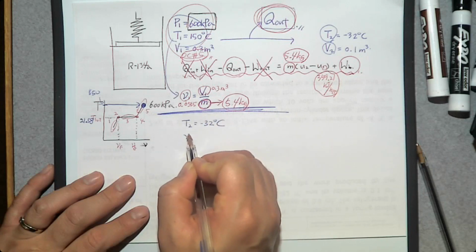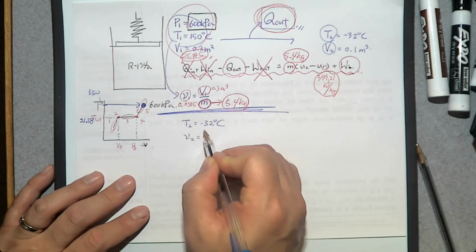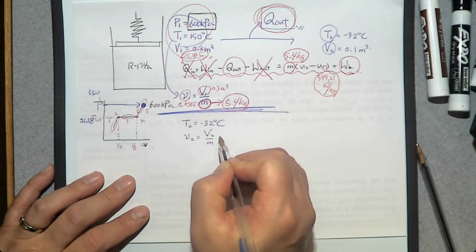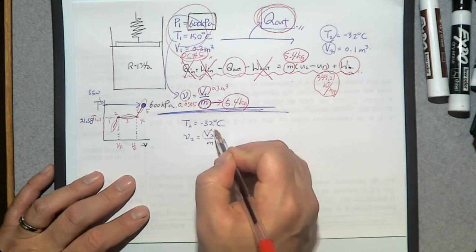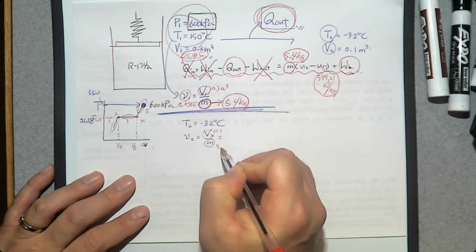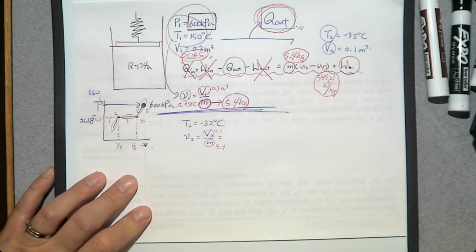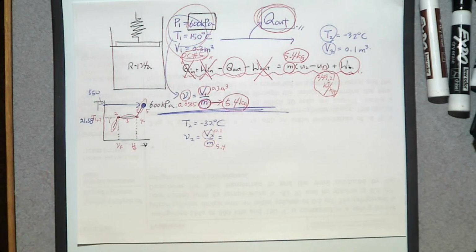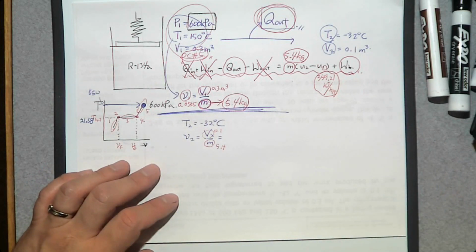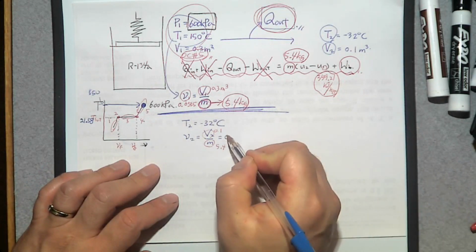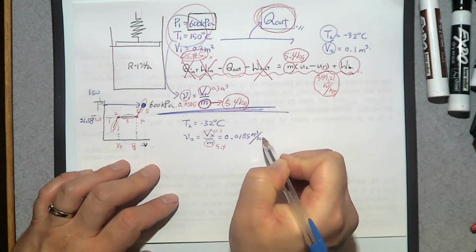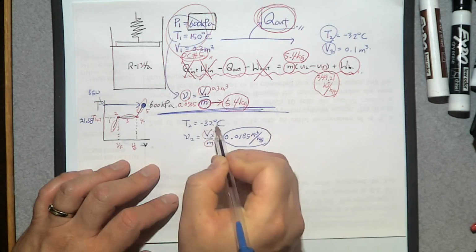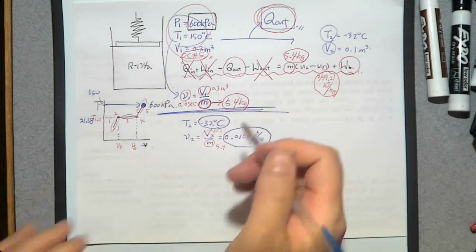We have lowercase v2, which is capital V2 divided by mass. Capital V2 is 0.1, mass is 5.4, so v2 is 0.0185 cubic meters per kilogram.